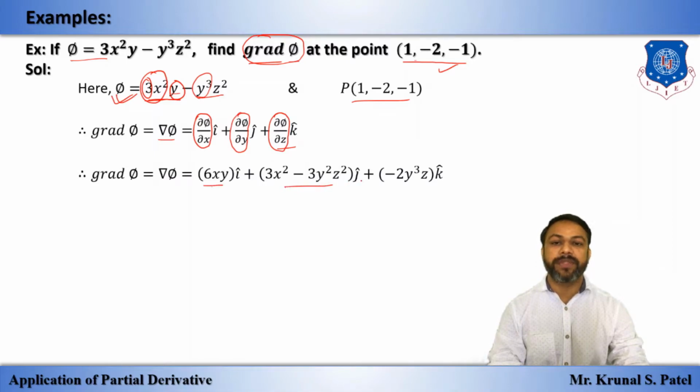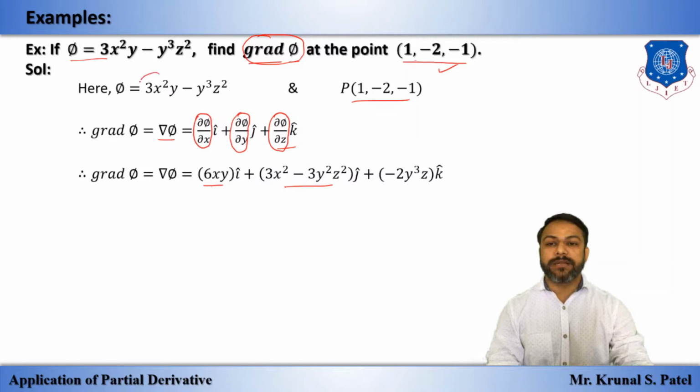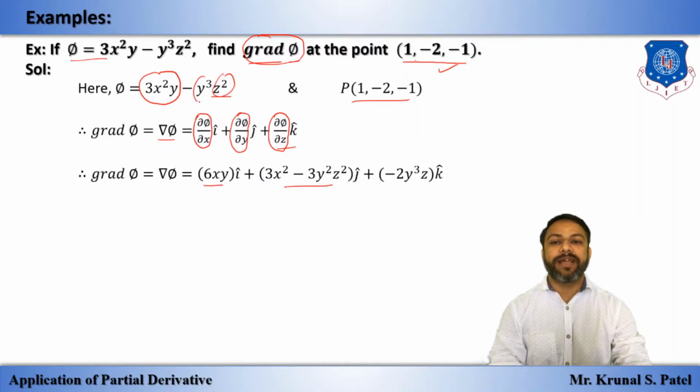So we have this term into j cap as it is, plus the differentiation of phi with respect to z. In the first term there is no z, so it is 0, and here z square occurs, so the differentiation of z square is 2z and y cube is constant. So we have minus 2 y cube z and k cap as it is.